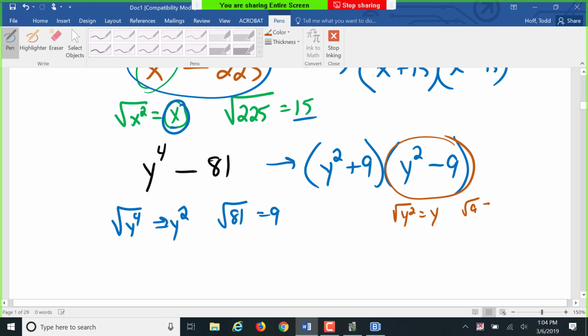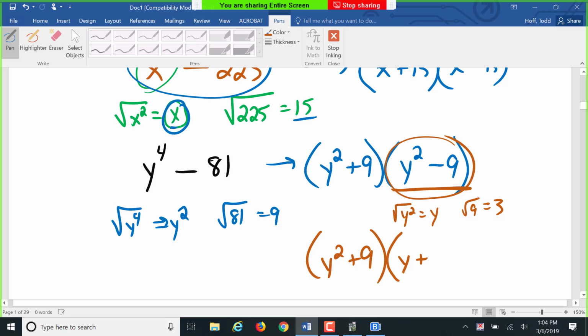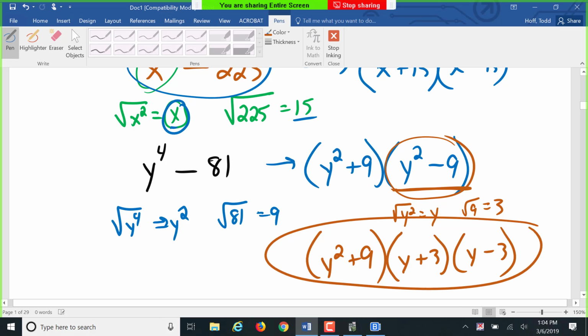The square root of 9 is 3. So the y squared plus 9 cannot be factored. That's called a sum of perfect squares, and a sum of perfect squares can never be factored. But the y squared minus 9 is a difference of perfect squares. It can factor into y plus 3 and y minus 3. So there is our factoring of that.